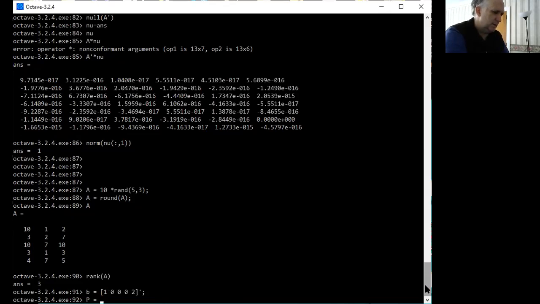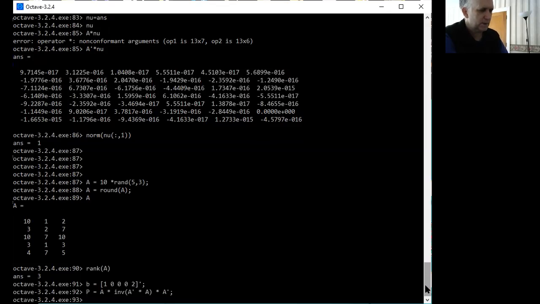P is equal to A times the inverse of A transpose times A, times A transpose. Now Pb will be the projection, right? So little p equals P times B.